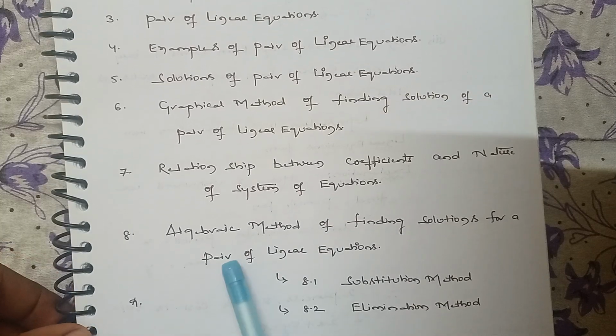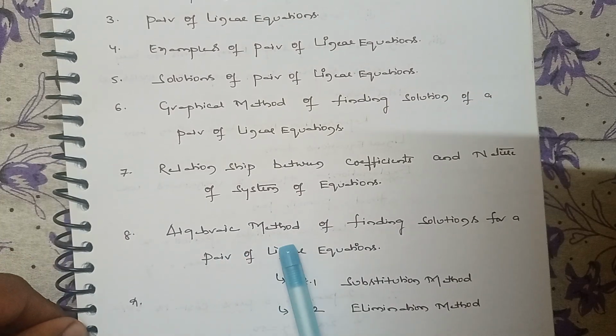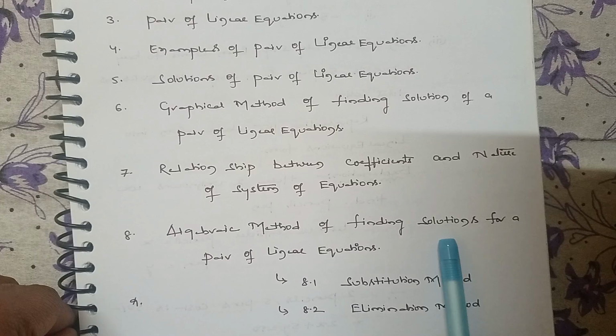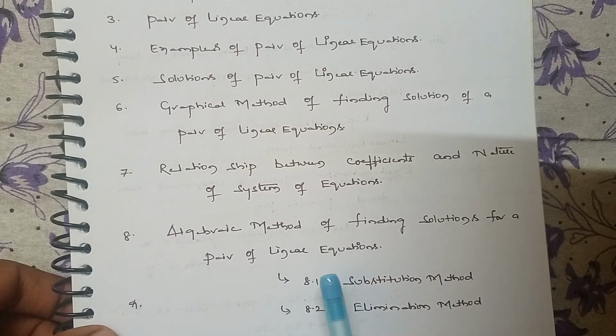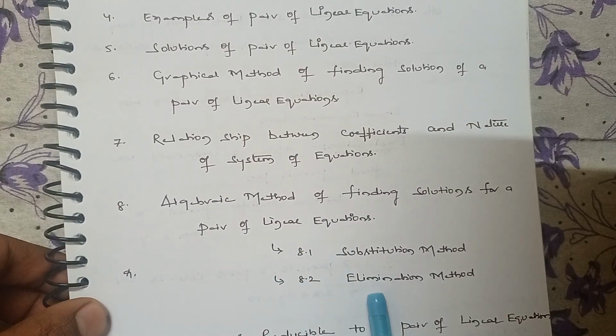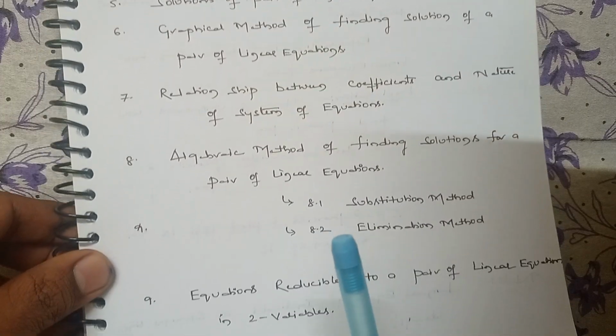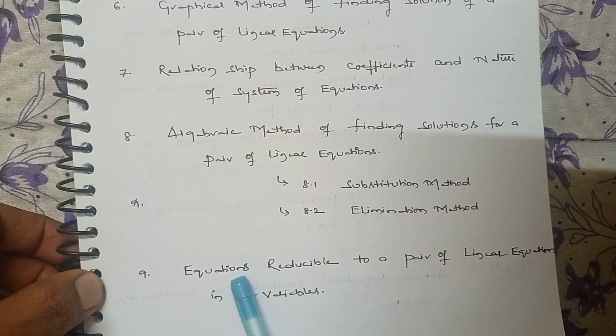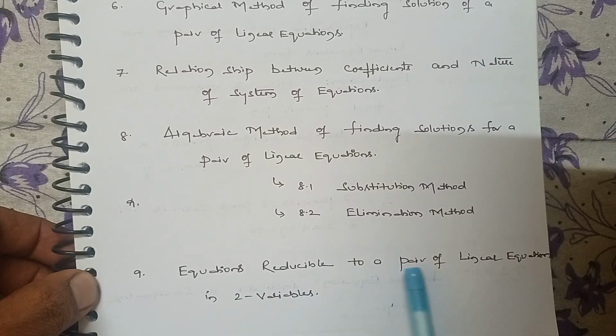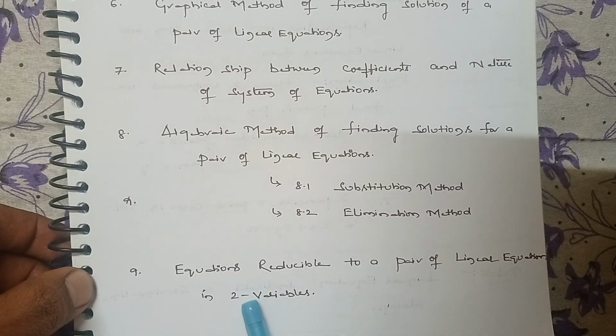Okay, and eighth topic is algebraical method of finding solutions for a pair of linear equations. This can be solved in two methods guys, that is substitution method or elimination method. And last one, equations reducible to a pair of linear equations in two variables.